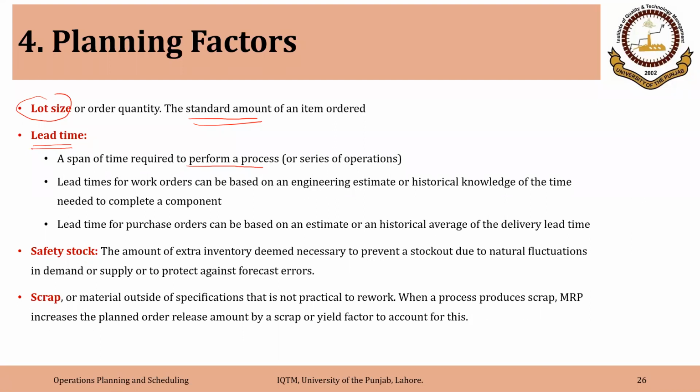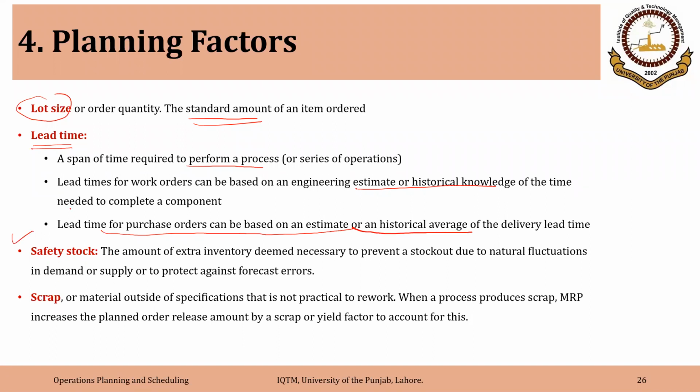Or if it is a manufactured item, then lead time will be the time required to make or produce that item. We can estimate this time from historical knowledge, and lead time for purchase orders can be based on an estimate or on a historical average as well.